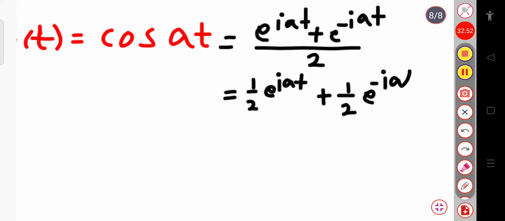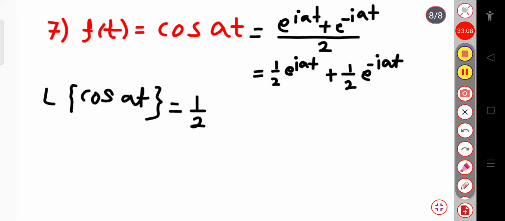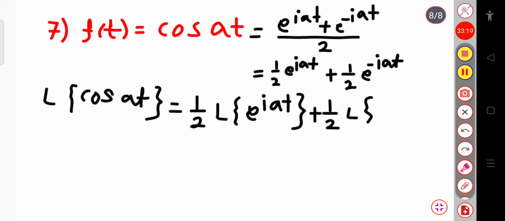Now we will take the Laplace transform of cosine at. So the Laplace transform of the function cosine at will be equal to 1 by 2 into the Laplace transform of exponential iota at plus 1 by 2 into the Laplace transform of exponential minus iota at.